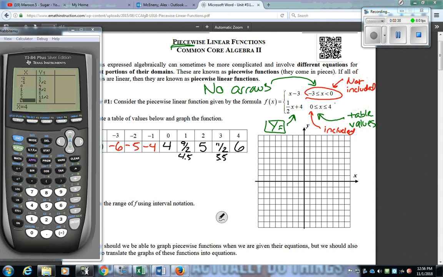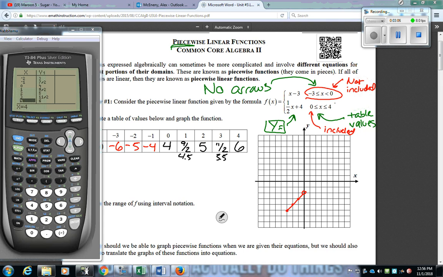So we're going to go ahead right now, we're going to graph these points. So I got -3, -6. -2, -5, -1, -4, and 0 in our first table was -3, but that one's not included. So I'm going to leave an open circle at that point, because that's actually not part of our answer.